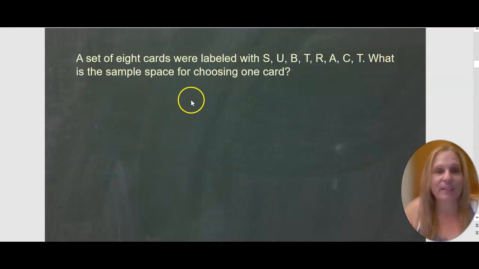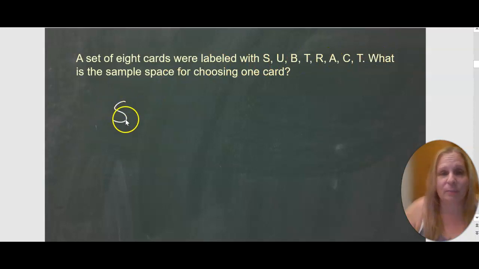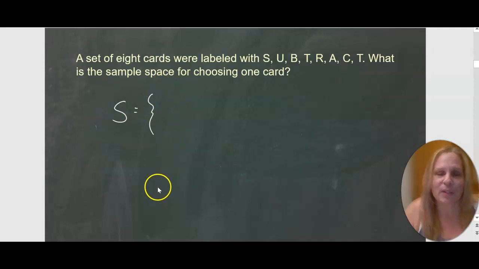A set of 8 cards were labeled with letters. What is the sample space for choosing one card? So we've got some duplicates again, and I'm going to list them alphabetically. We need our little curvy brackets here. Let's see. This one's a little easier for some reason.